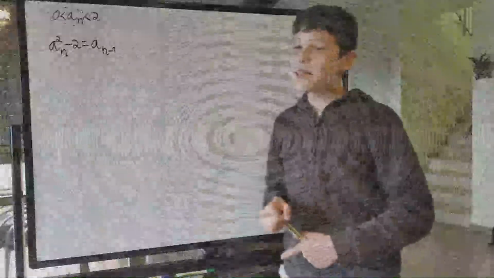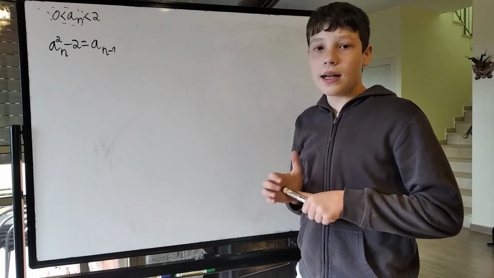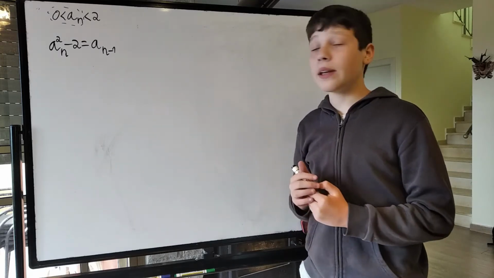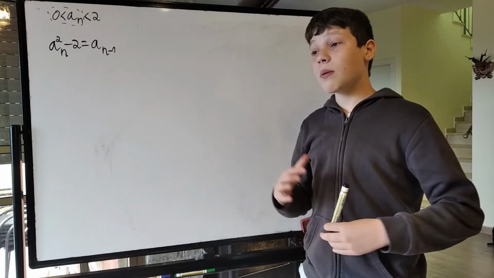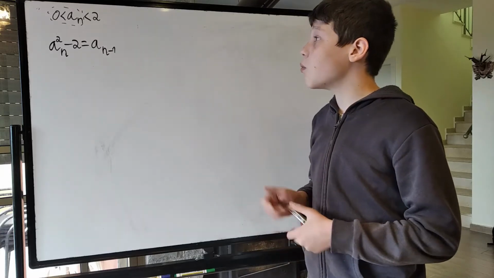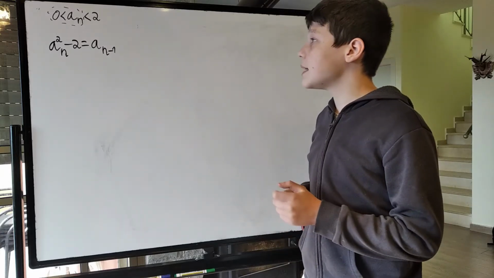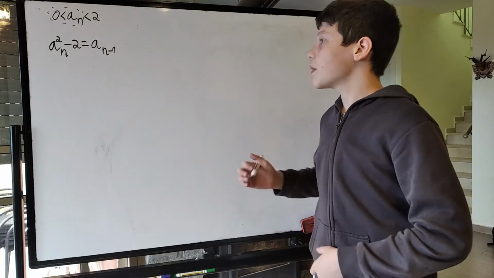Okay, so now let's see. The first step of any induction proof is the base case. So we want to show that for n equal to 1, we do indeed have that a_n is smaller than 2.